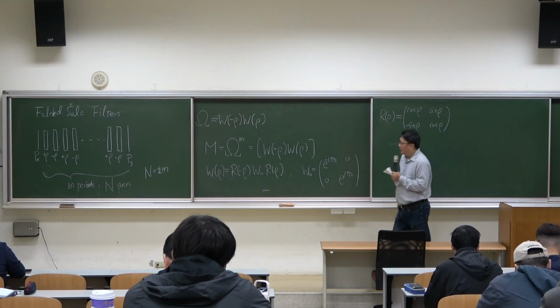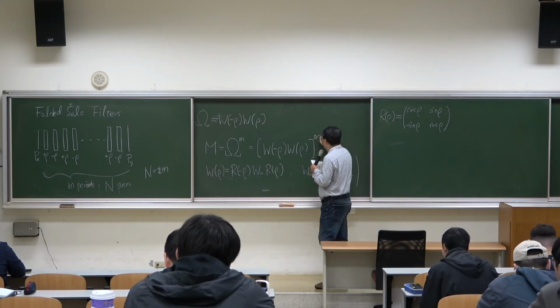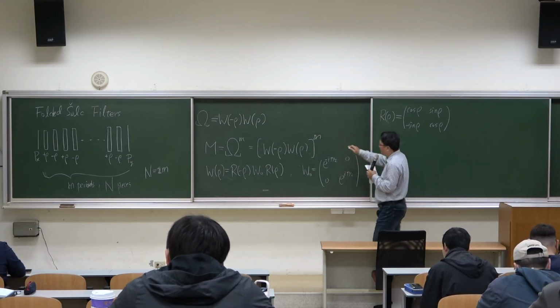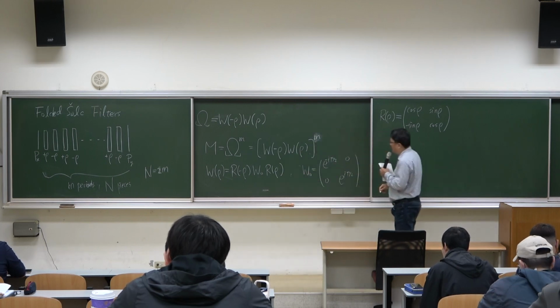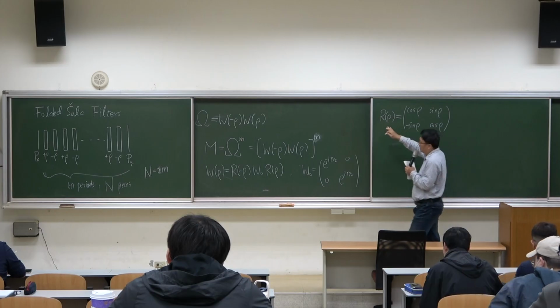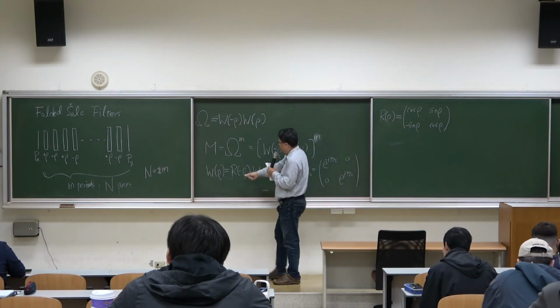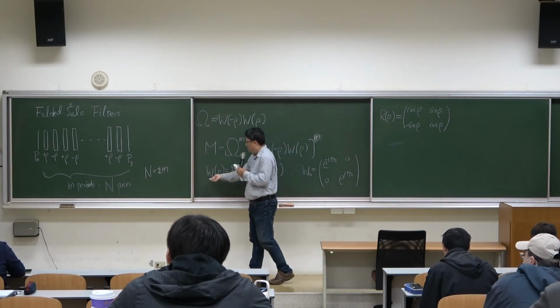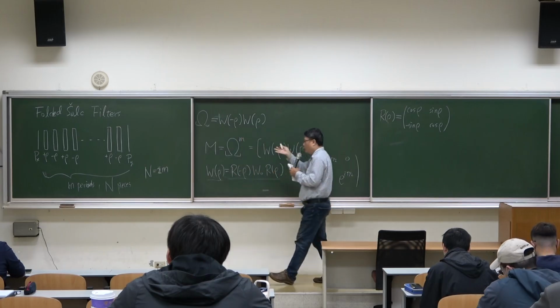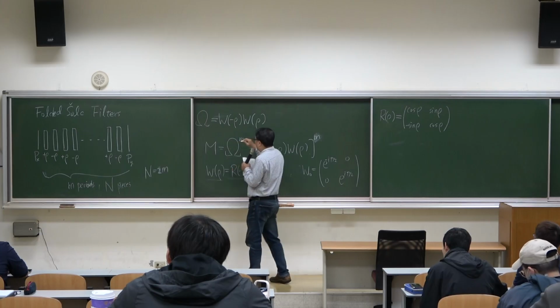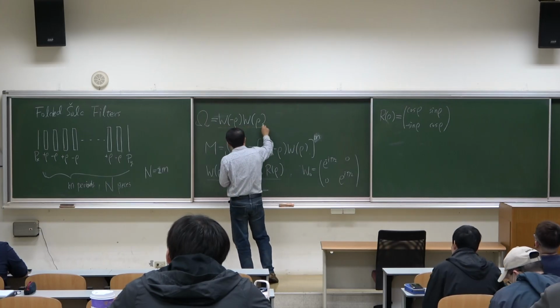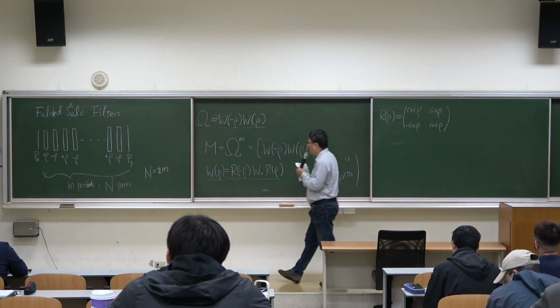Okay, and then you multiply these three matrices to get W rho, and replace rho by minus rho, you get the matrix W minus rho. Then you multiply W minus rho with W rho, you get capital Omega.